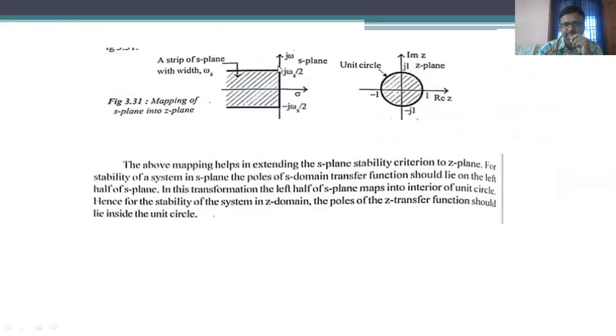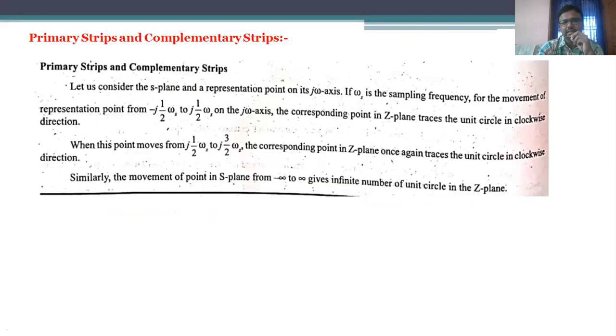To demonstrate the primary and complementary strips, we consider some points on the j omega axis. As we also know, omega s is called the sampling frequency.